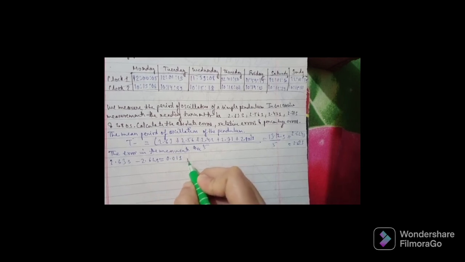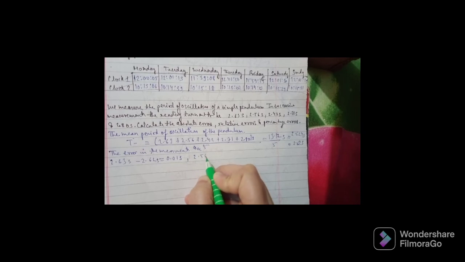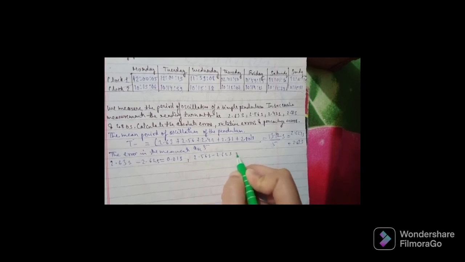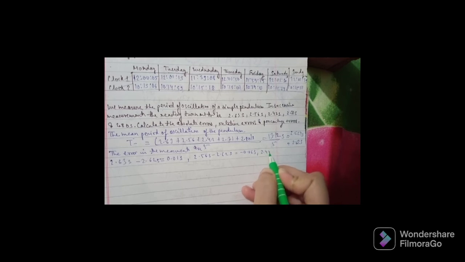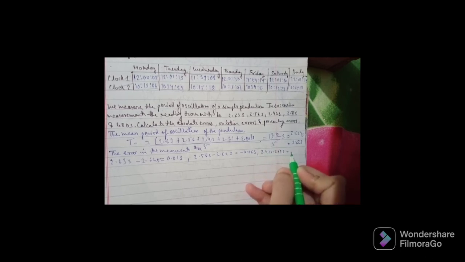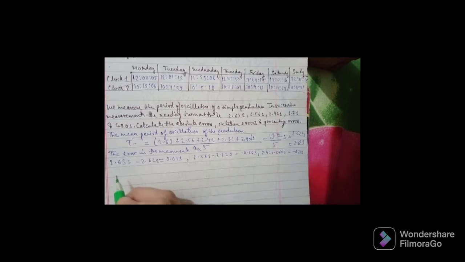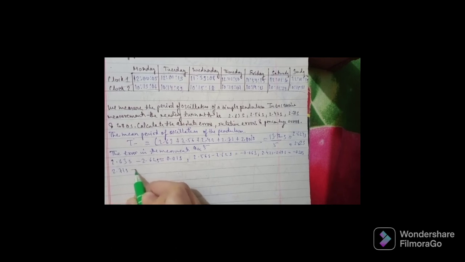Another is 2.56 seconds minus 2.62 seconds, which gives minus 0.06 seconds. Another is 2.42 seconds minus 2.62 seconds, which gives minus 0.20 seconds. Then another, 2.71 seconds minus 2.62 seconds, equals 0.09 seconds.